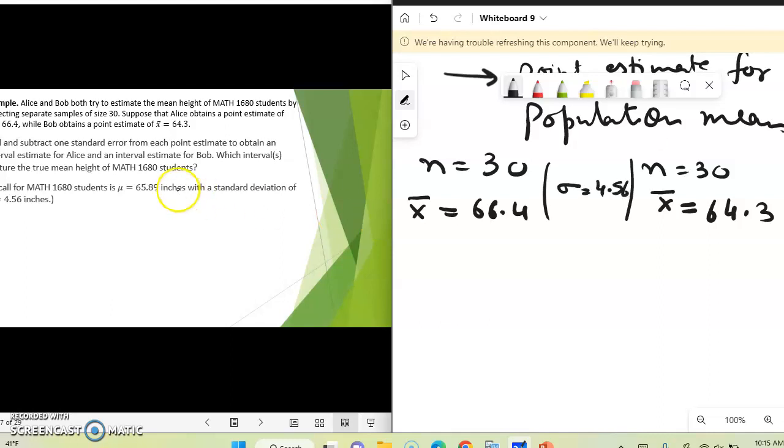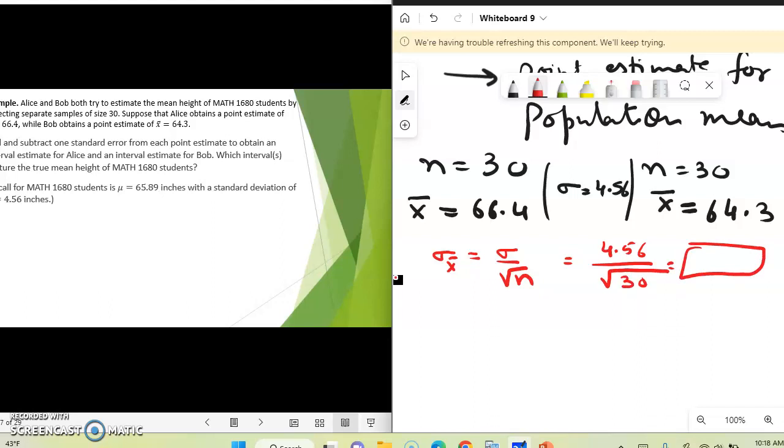In this case we actually know the population mean also. Using the standard deviation, we know that the sampling distribution of all sample means will also be normal. And you remember the standard error for the sampling means was sigma divided by square root of n, so we divide 4.56 by square root of 30 and we calculate that.